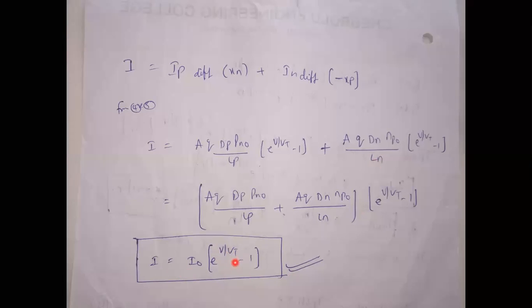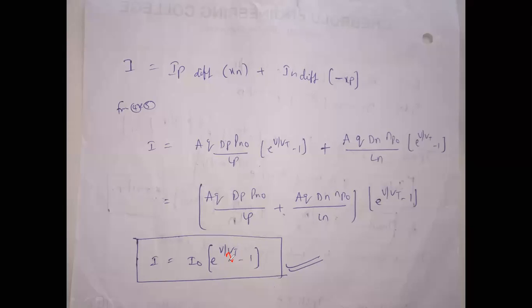In some textbooks, this equation is written as I equal to I naught into e power V by eta Vt minus 1, where eta is a constant.